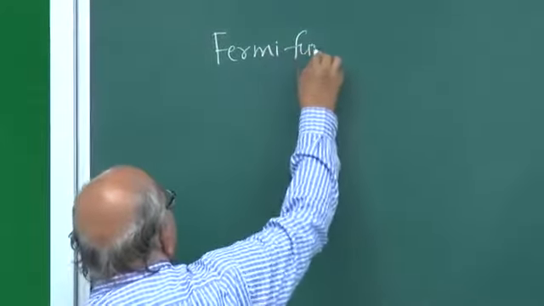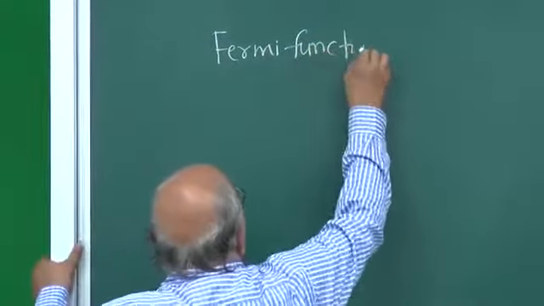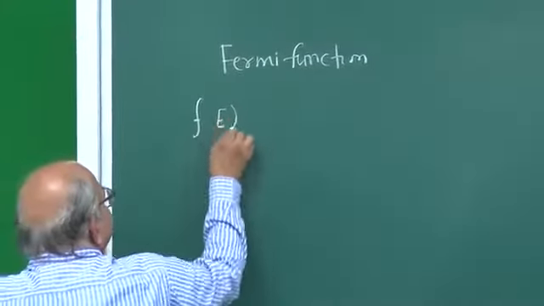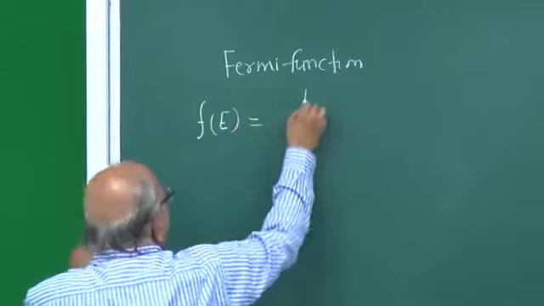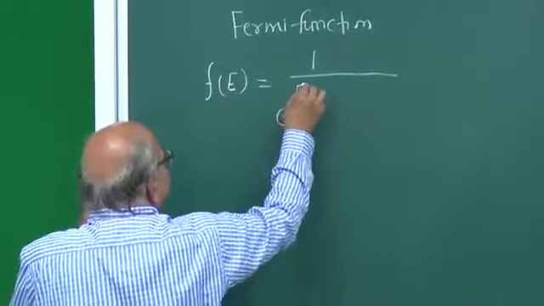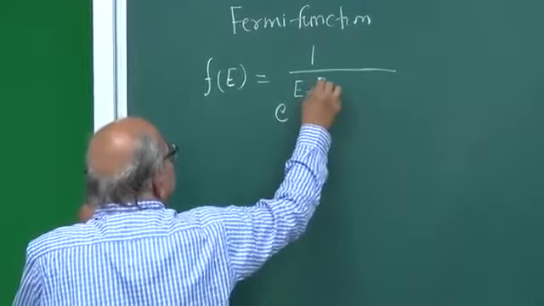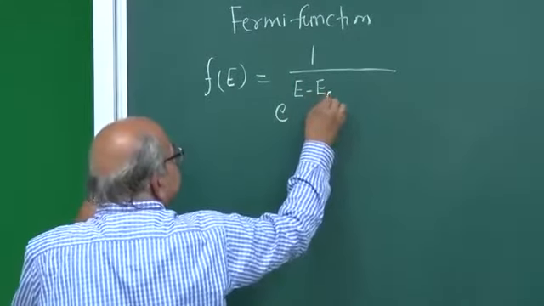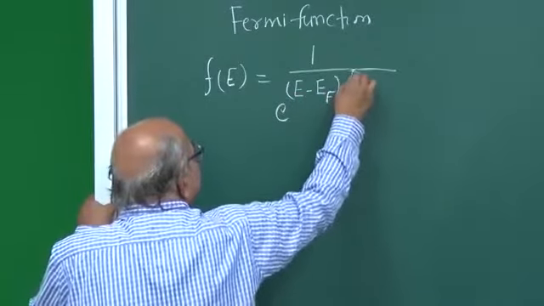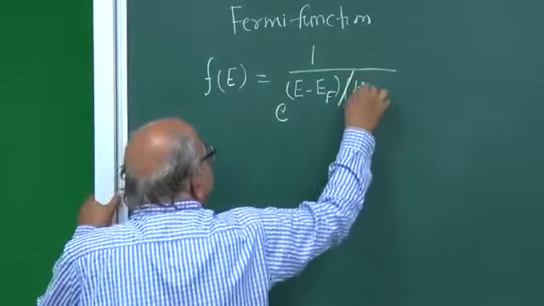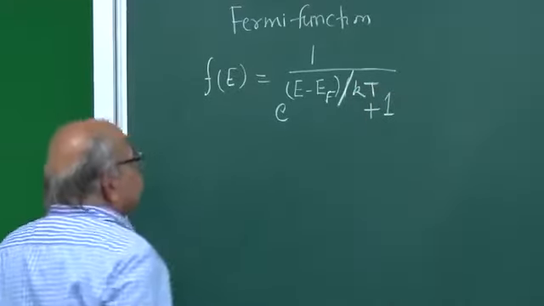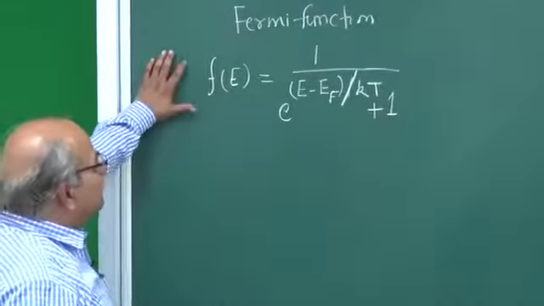First, let me write this function. It is a function of energy, and it is written as 1 divided by e to the power (E minus EF) divided by kT, plus 1.